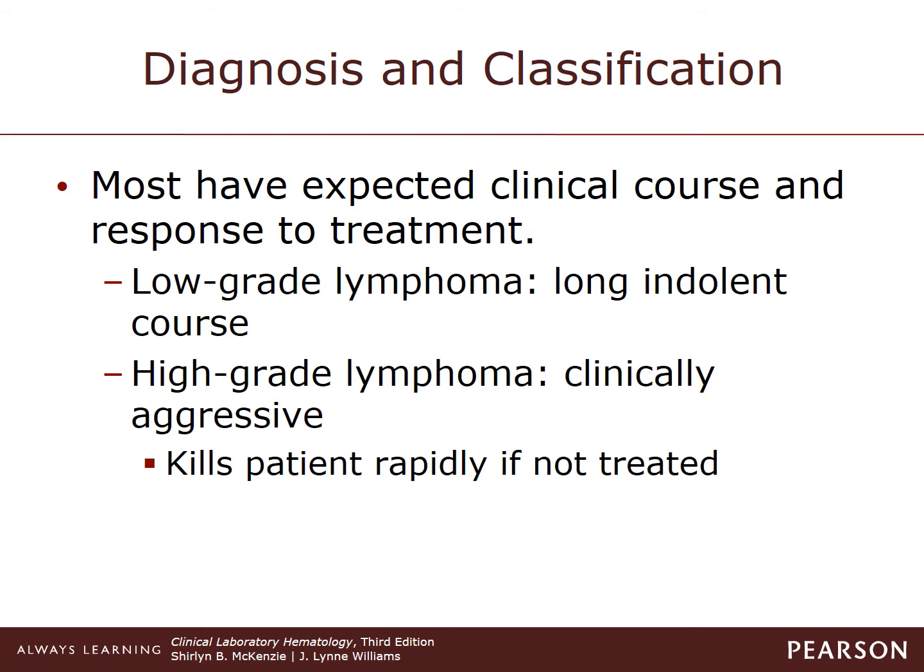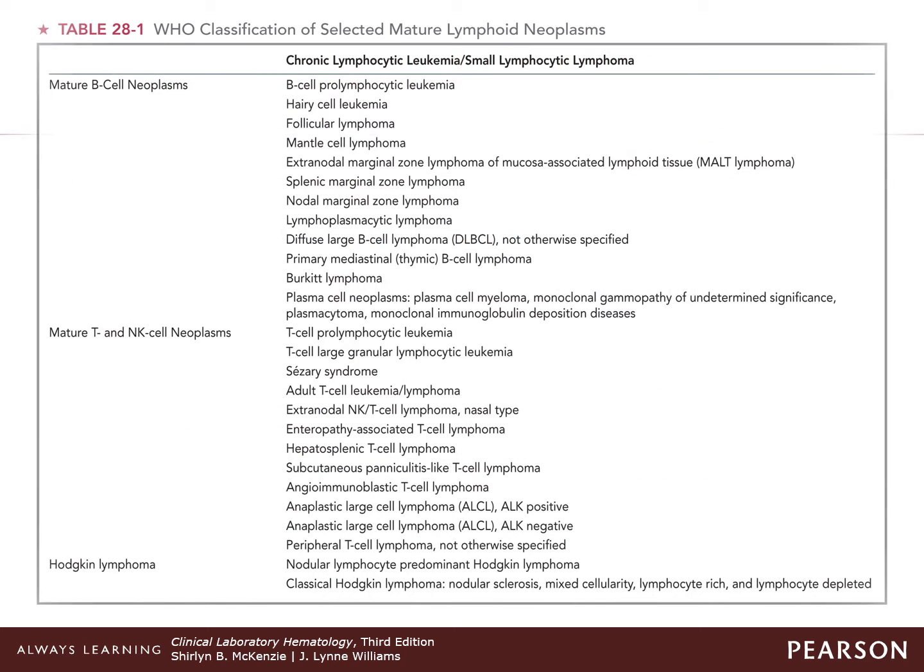In contrast, there are some subtypes that are very clinically aggressive and kill the patient rapidly without treatment. These are referred to as high-grade lymphomas. The WHO has classified the selected mature lymphoid neoplasms into leukemias and lymphomas that are non-Hodgkin's type and Hodgkin's type lymphomas. Those are separated based on the type of lymphocyte affected, either B cells, T cells, or natural killer cells.